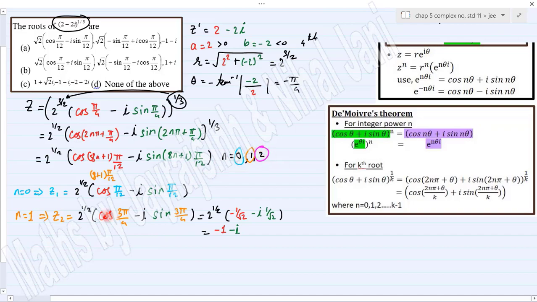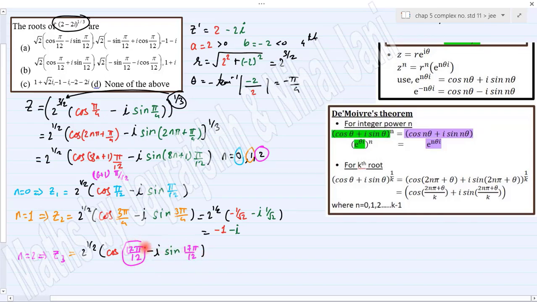And finally, for the third root, we will take n equal to 2. So we will get 2 raised to 1 by 2 cos of 16 plus 1 pi by 12, or we can say 17 pi by 12, minus i into sine 17 pi by 12.